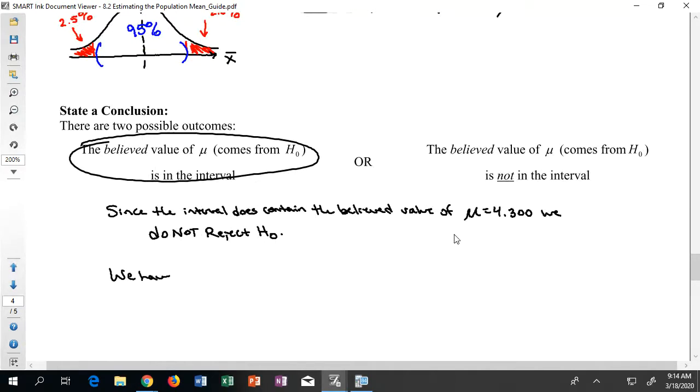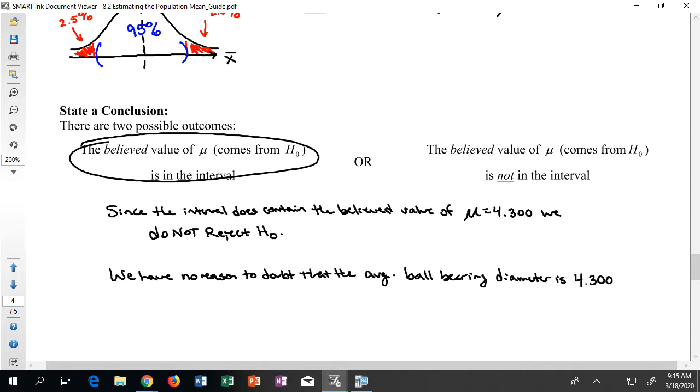So I'll say here, we have no reason to doubt that the average ball bearing diameter is 4.300 millimeters. I don't have any reason to doubt that at the moment. Still seems like that's a reasonable claim to make based on the evidence.